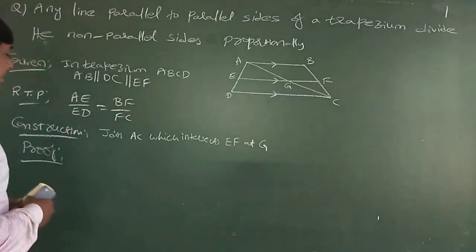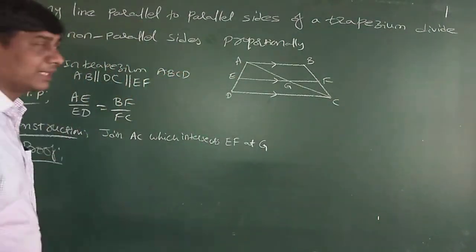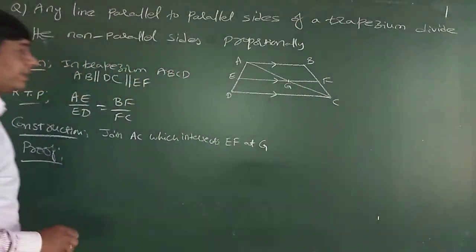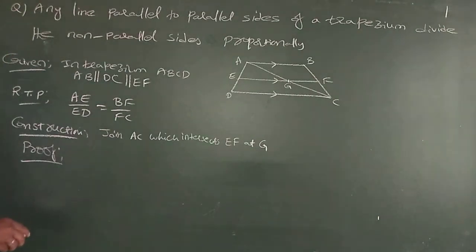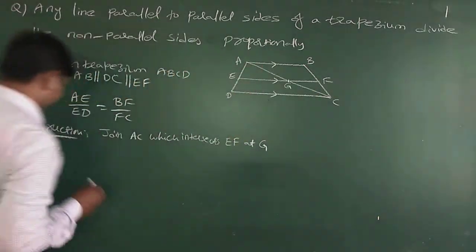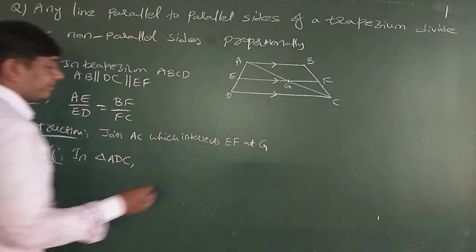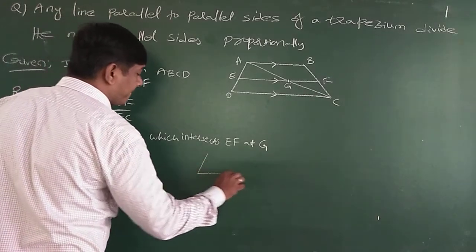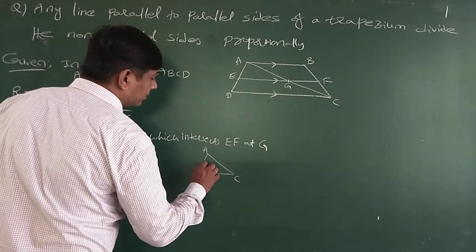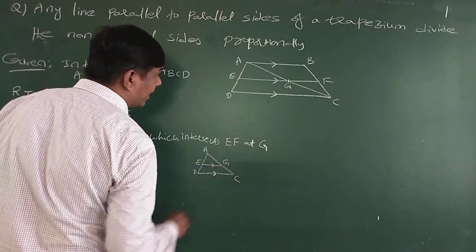For that construction, what I did here is I joined AC, the diagonal. One diagonal I took. The diagonal intersects EF at G. Now take triangle ADC, rough diagram. EG is parallel to DC or not?